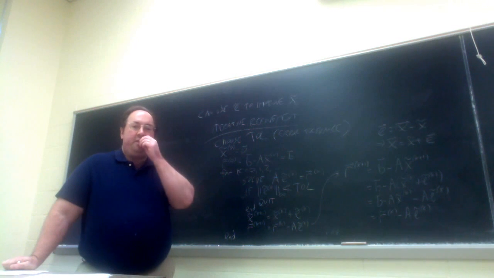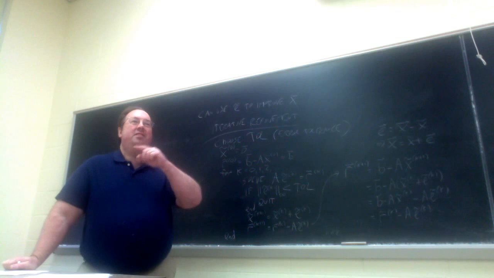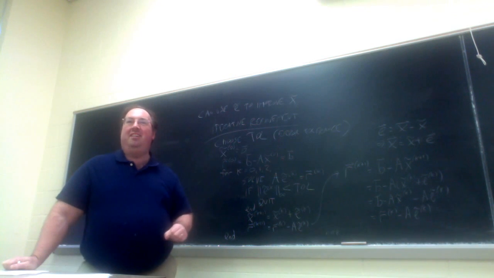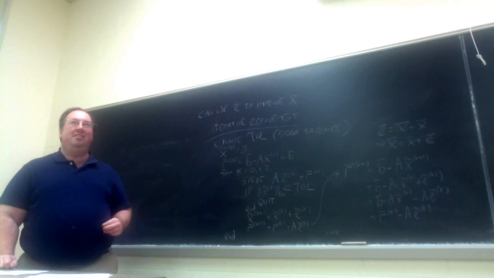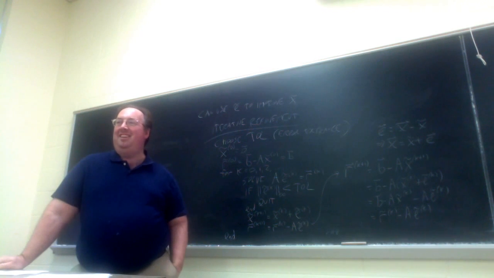E sub k would just be all zeros and then the k component 1, right? Oh, that's a different E. Different E, okay. I forgot all about that.